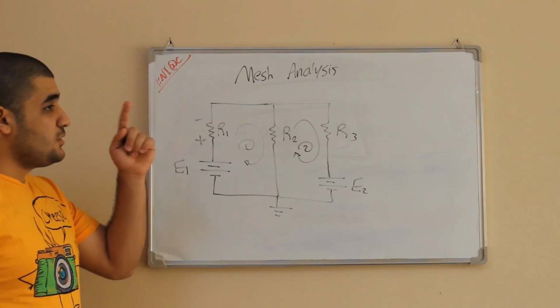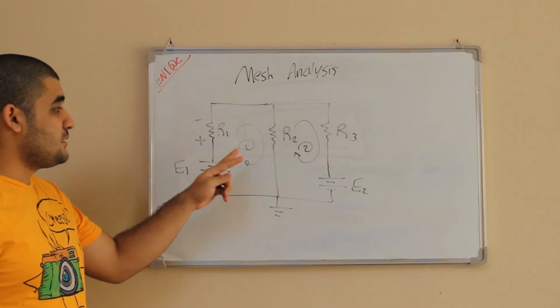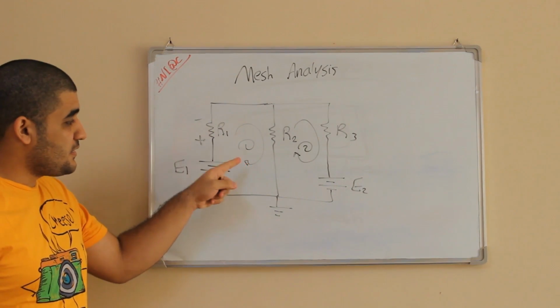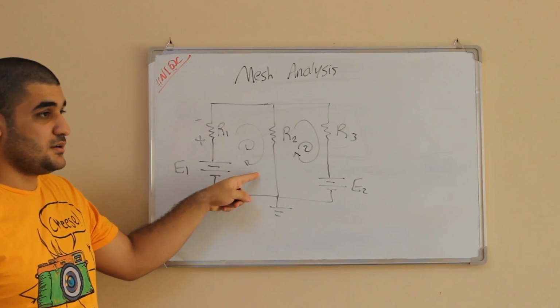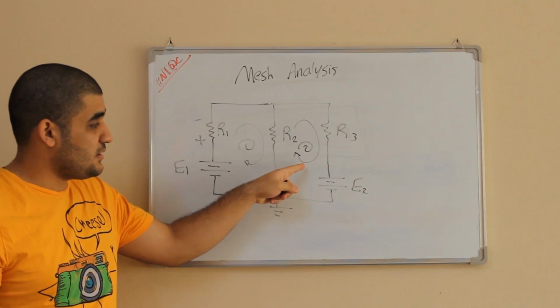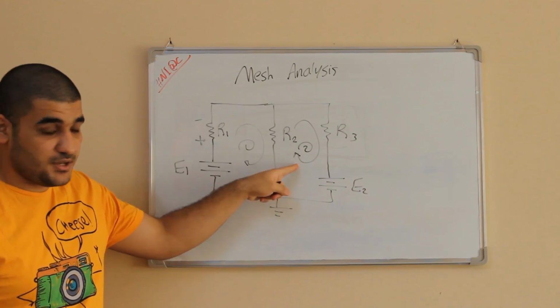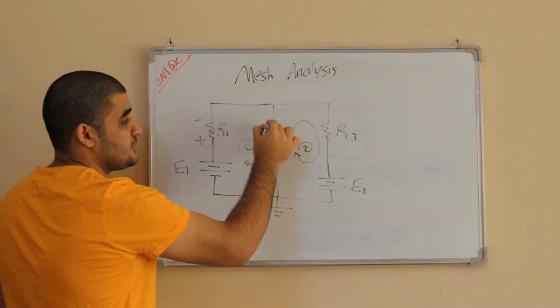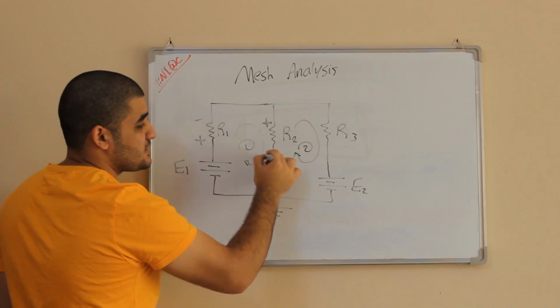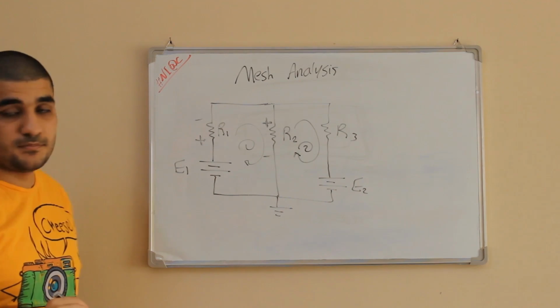Okay, good. You have to assume that if this assumed current is greater than this assumed current, the plus sign will be above and the minus sign will be at the bottom.